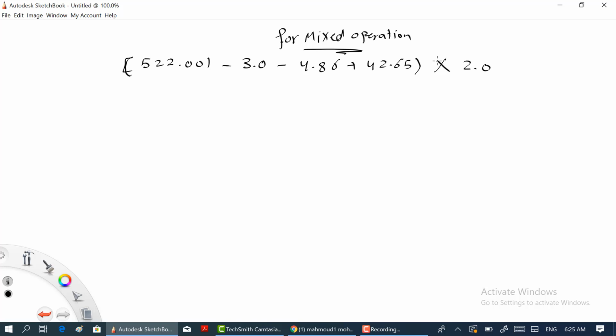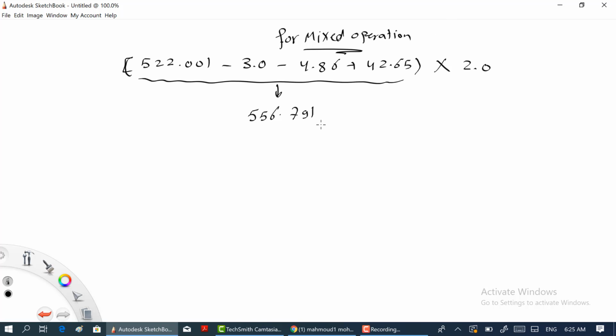In this case, we are taking each process. Firstly, we will start to simplify this process, so we find the answer of this. Firstly, it will be 556.791. So if we have a mixed operation, separate them.